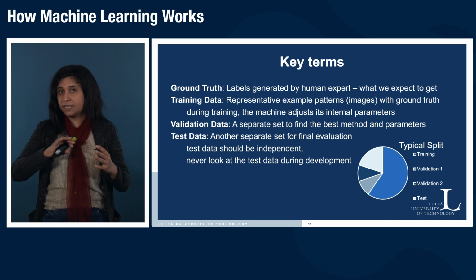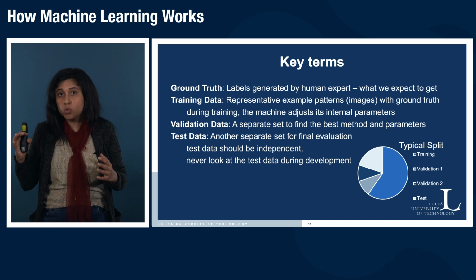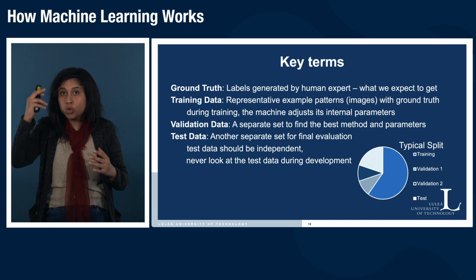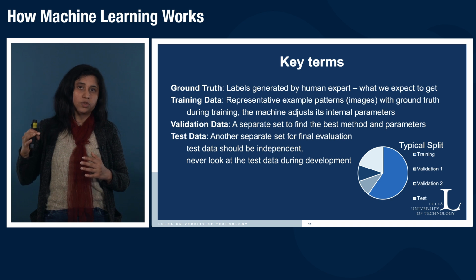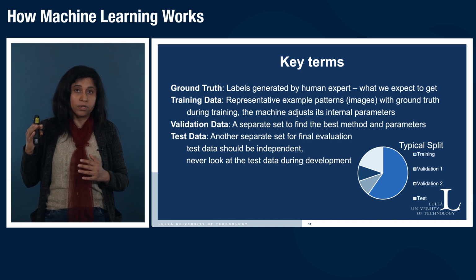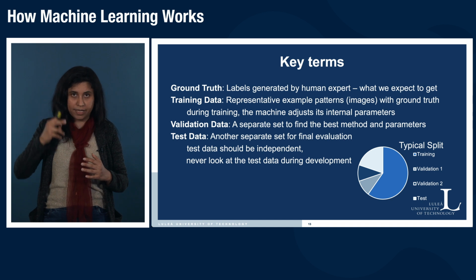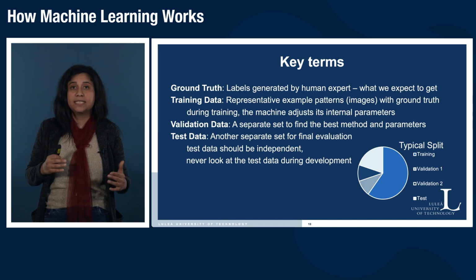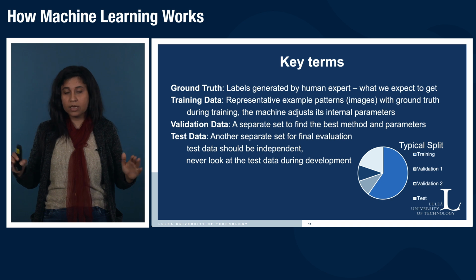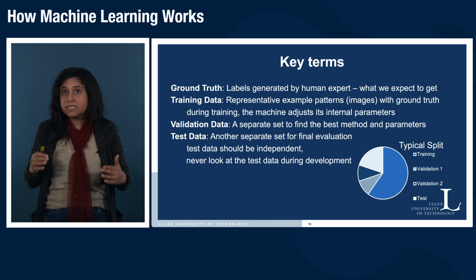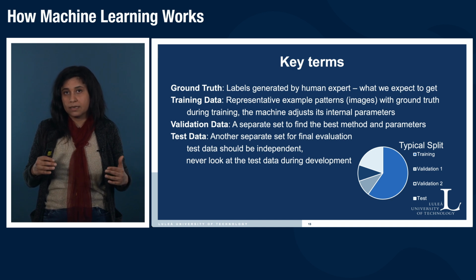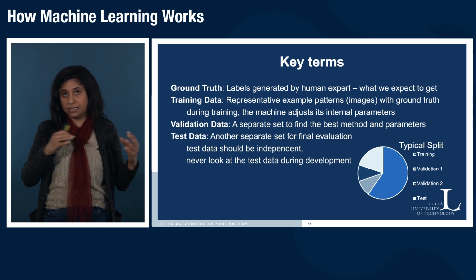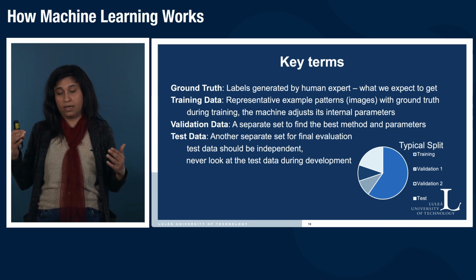Validation data is a separate set of data which is used to find the best parameters during the training. So we have the training data to train the model, and validation data to check if our model is good enough or not during the training process. And we have test data: after we finish training, we want to test our model to see if it can predict unseen data accurately.